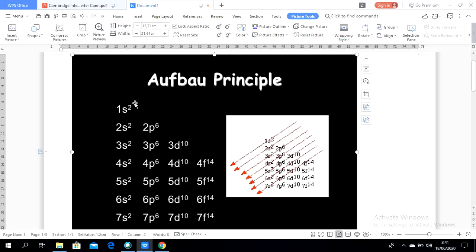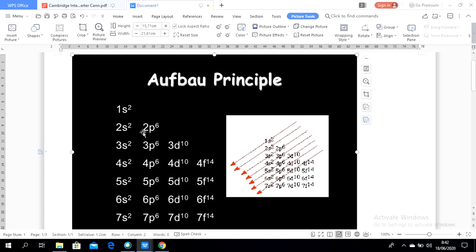And then this 2 means the maximum number of electrons in one subshell. S contains 1 orbital. In 1 orbital there are 2 electrons, so S can be occupied by a maximum of 2 electrons.